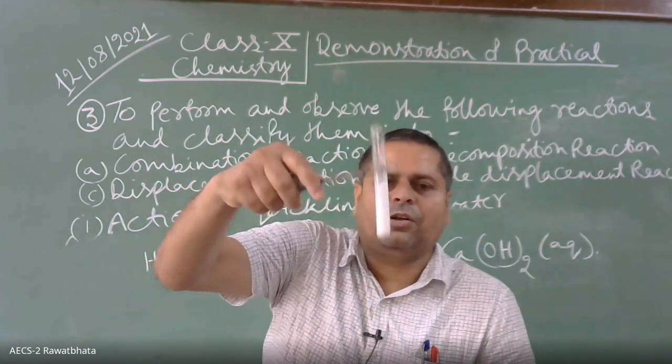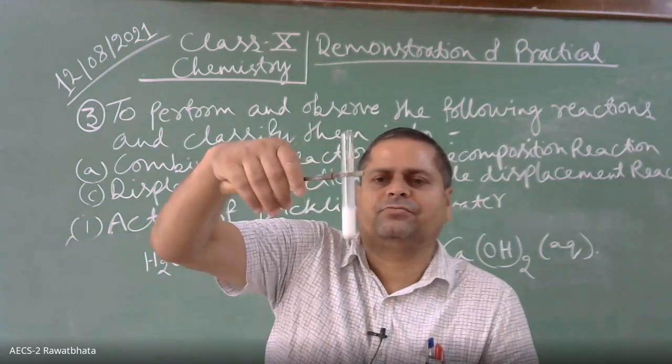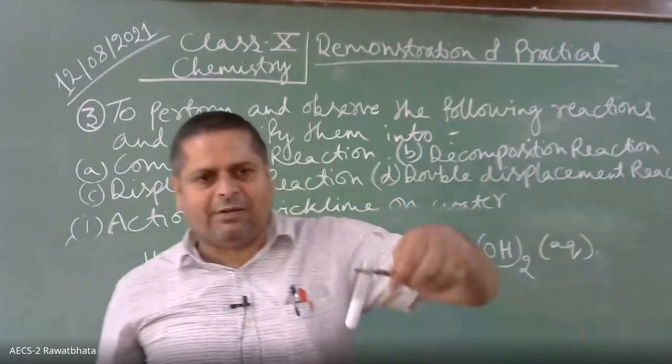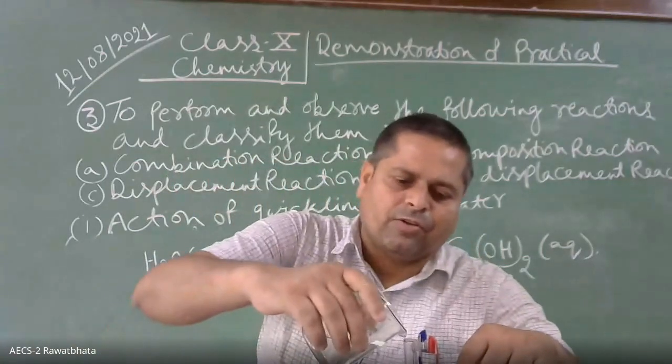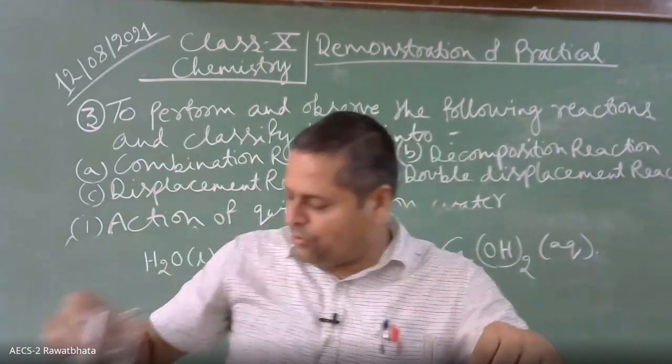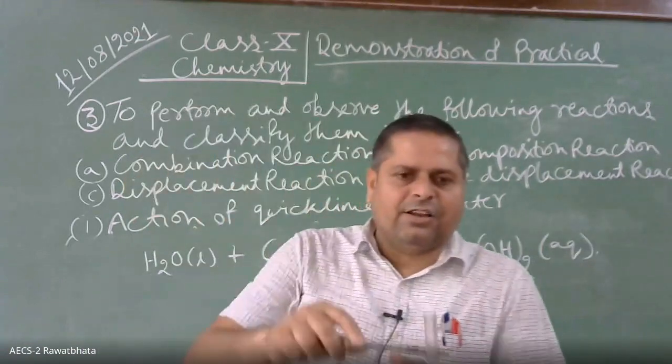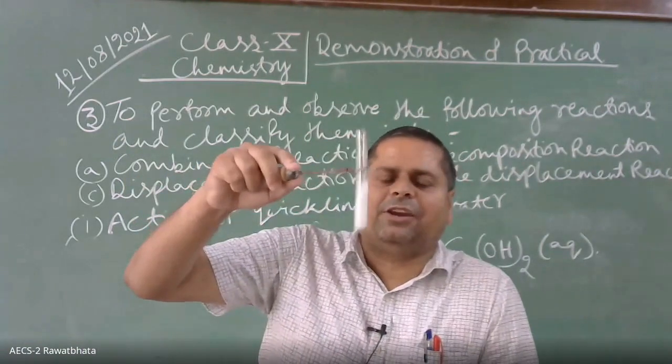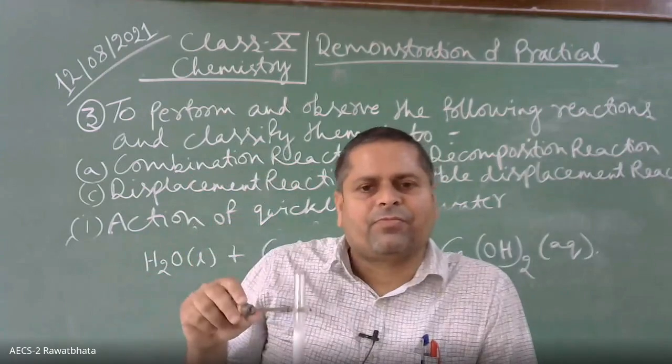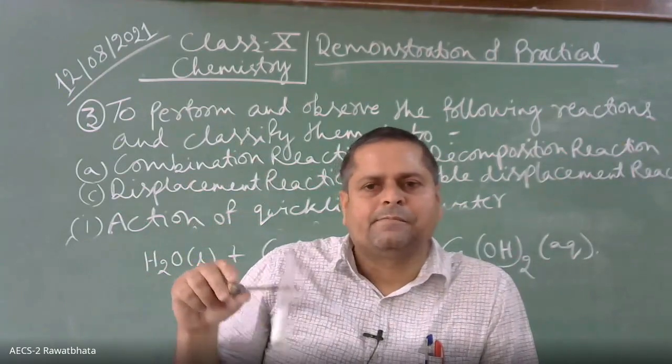What is formed in this? Slaked lime, calcium hydroxide. Very good. Now, how can you check that this is calcium hydroxide? By litmus paper.